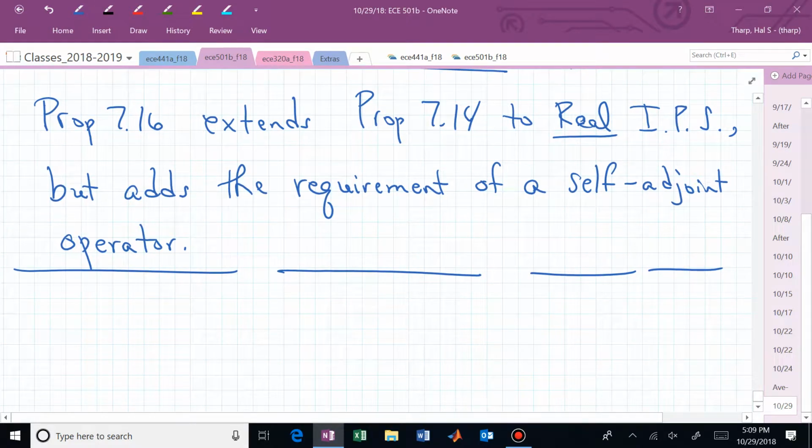Let me see if I can maybe make sense of that through an example.